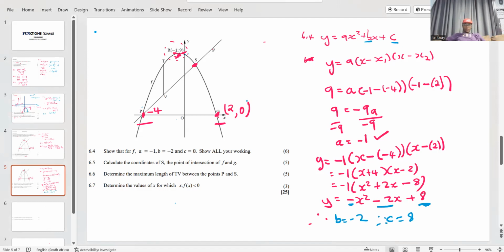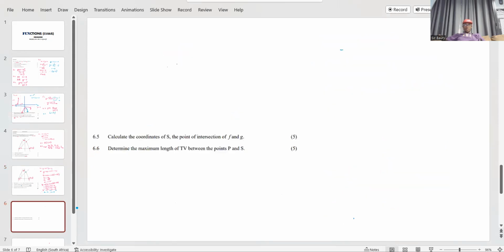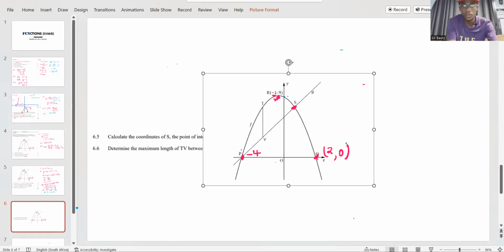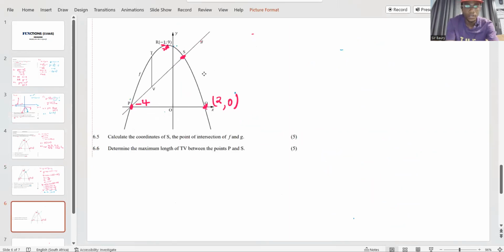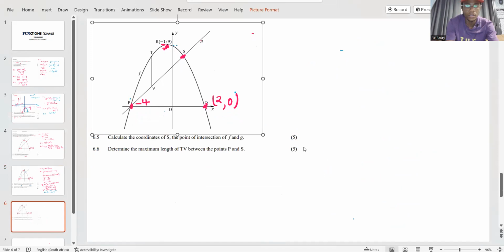Answer my question. Then calculate the coordinates of S, the point of intersection. If there's a point of intersection, you simply equate the two equations.